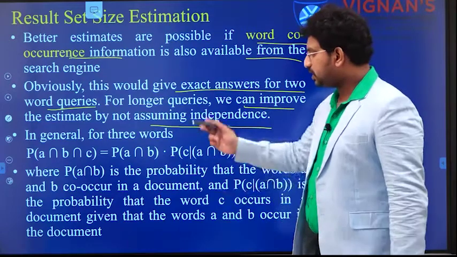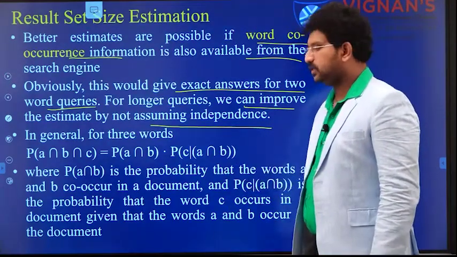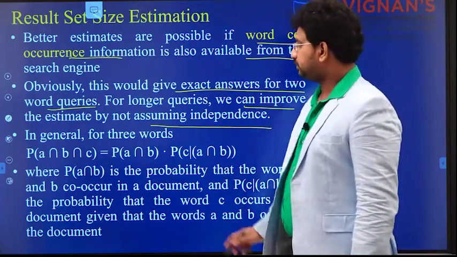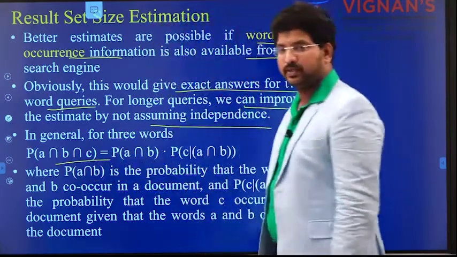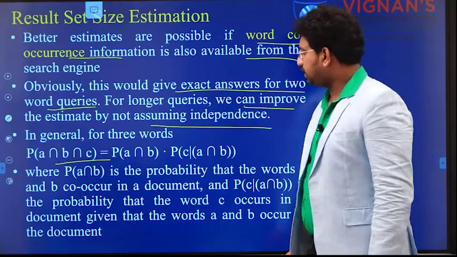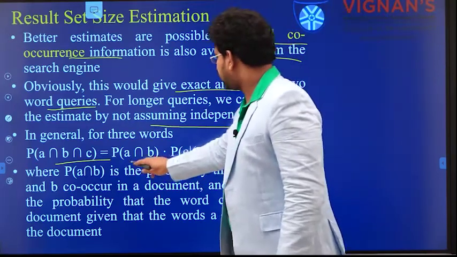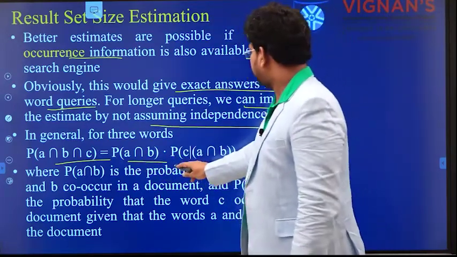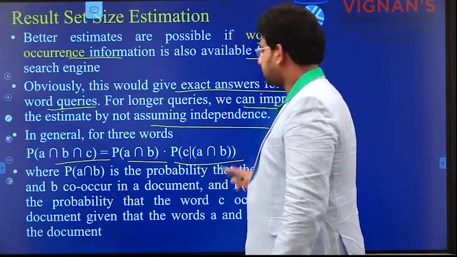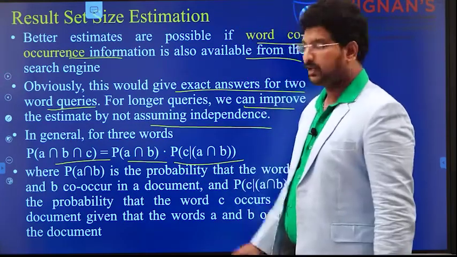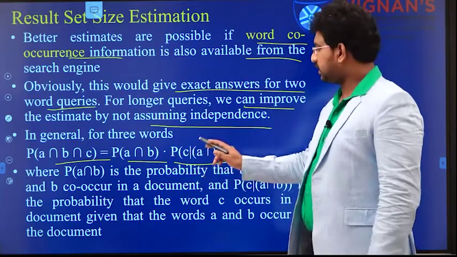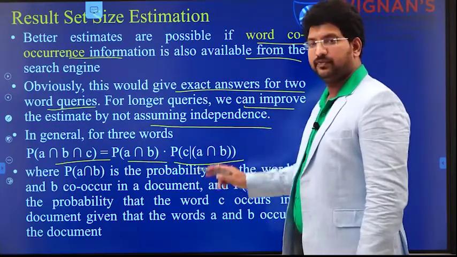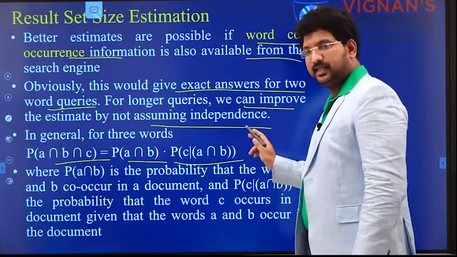And here in general, for the three words, if you represent P of A intersection B intersection C, how are you going to rewrite it? P of A intersection B intersection C equals P of A intersection B times P of C given A intersection B.